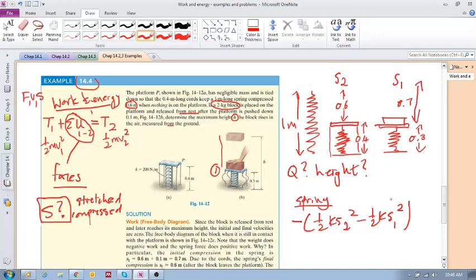That's how much the spring was compressed. At state 1, it was compressed 0.7 meters. Okay? Then it was released, and it traveled through 0.1 meter until it was at a height of 0.4, and the compression was 0.6.